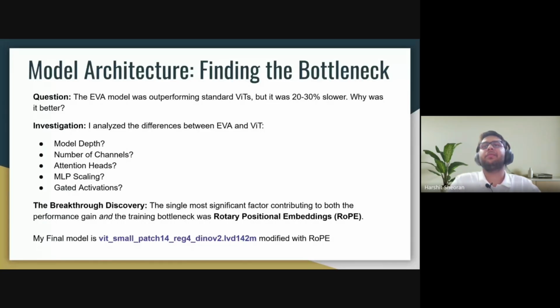I tested them one by one. I tried changing them, and I saw how much the impact on the score was. The single biggest factor was rotary positional embeddings. So I took a really good ViT small model, and I modified it with rotary positional embeddings, and that's my final encoder and decoder setup.